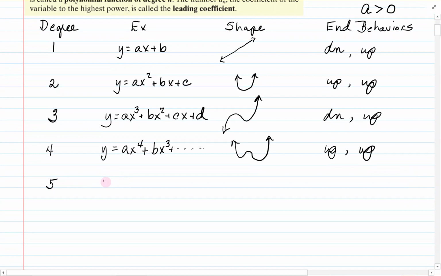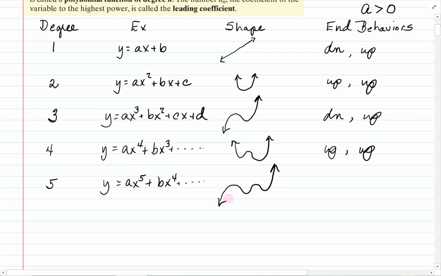If it is fifth degree, it is y equals ax to the fifth plus bx to the fourth dot dot dot, and it would look kind of like this. And these little relative maxes and mins are sometimes called turning points.